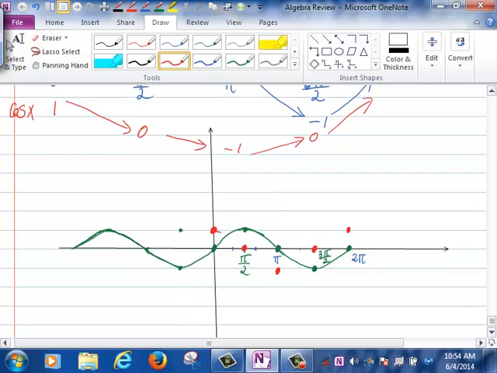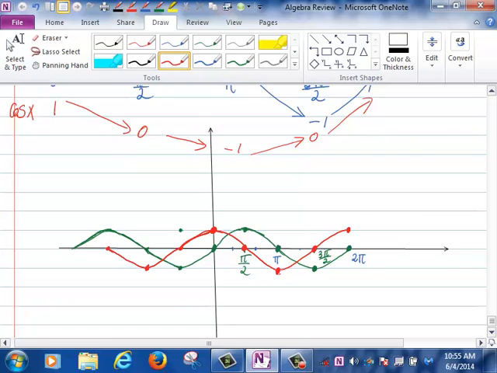So what am I getting? And here, what's going to happen? At negative pi over 2, it'll be 0. Okay? And then it's coming to this point here. Is that making sense? Again, it's going to extend in both directions. Okay.